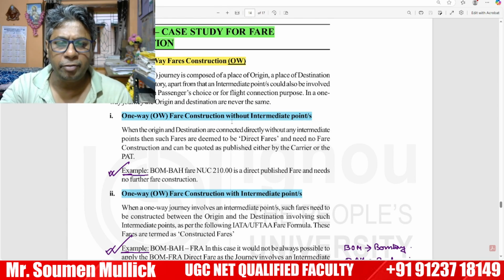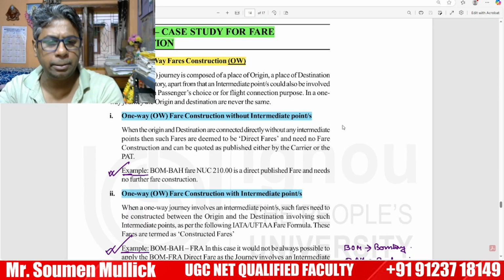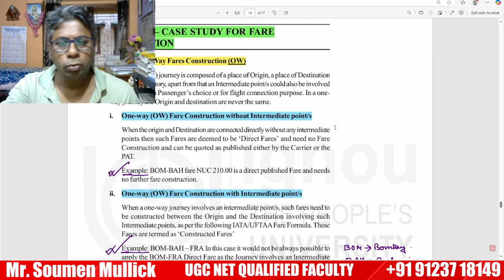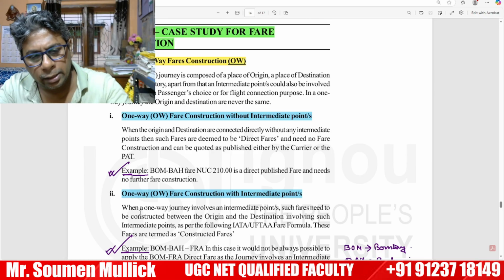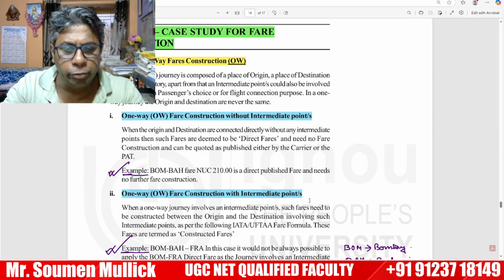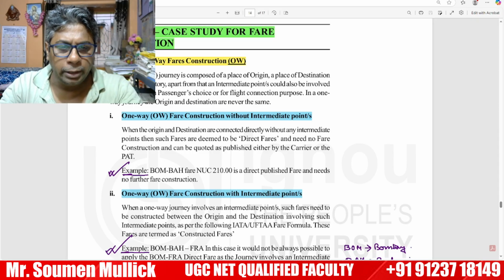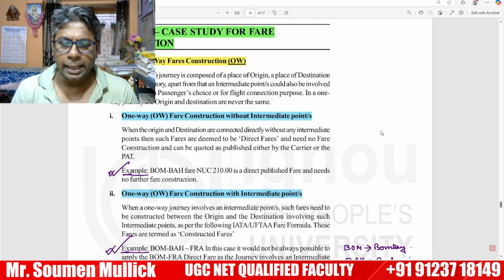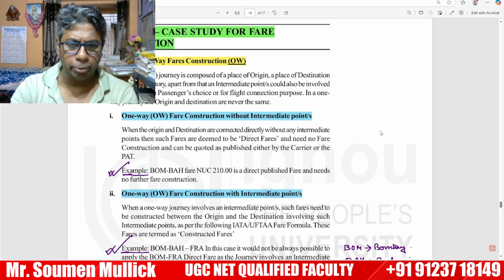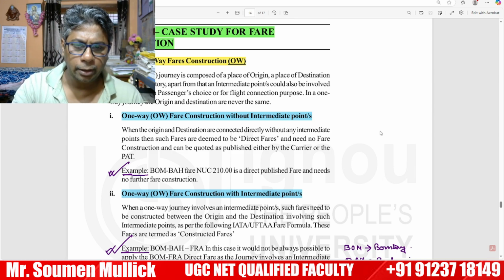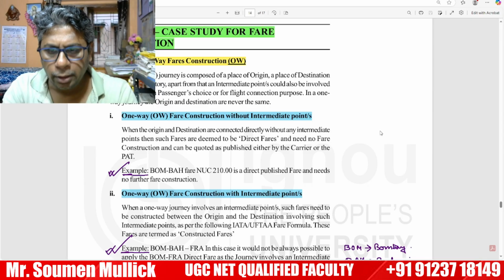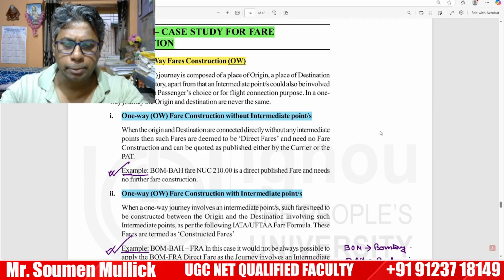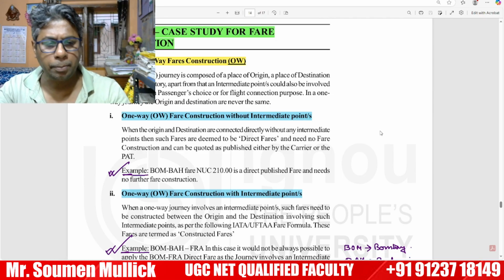In one-way journey fare construction, there are two kinds of situations that can happen. One is a one-way journey without intermediary points. Another is one-way fare construction with intermediary points. When the origin and destination are connected directly without any intermediary point, such fares are deemed to be direct fares and need no fare construction, and can be quoted as published either by the carrier or the pact.